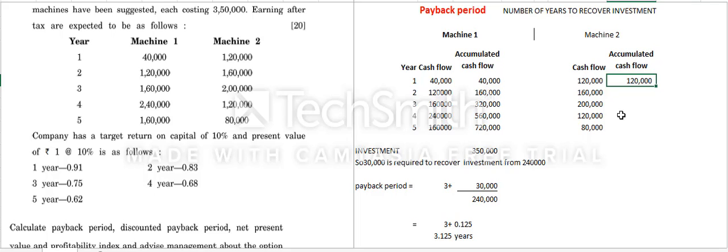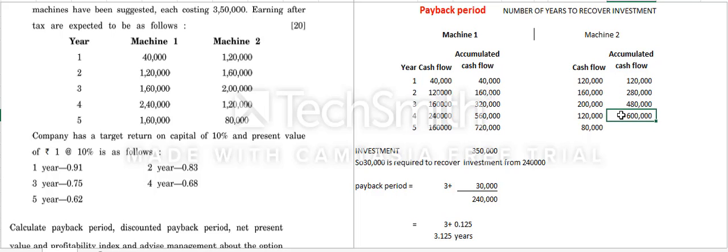At the end of second year we are going to get 1,20,000 plus 1,60,000. That means we are getting 2,80,000. At the end of third year, what we get is the total of first, second and third year cash flow. So what we get is 4,80,000.